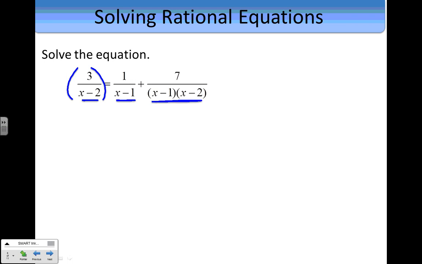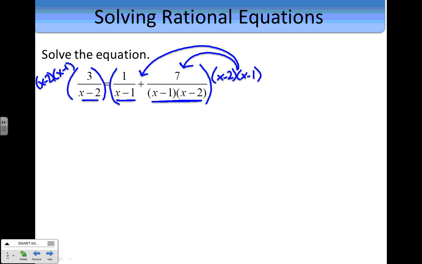So I can multiply by x minus 2, x minus 1, and that will take care of all the denominators. Now remember, I need to distribute here. Everything in the equation is being multiplied by that least common multiple.